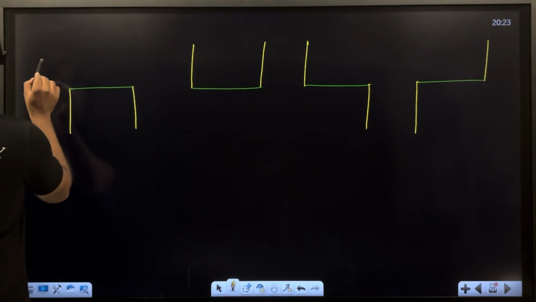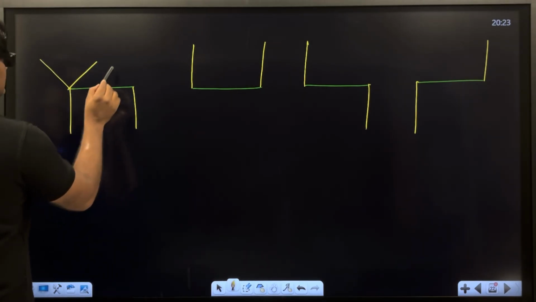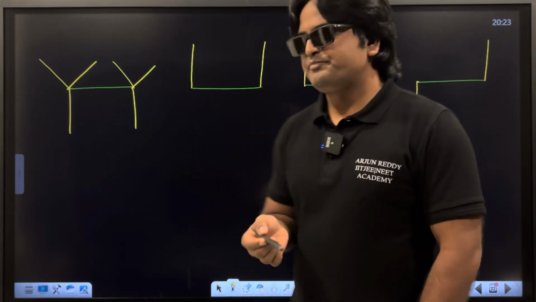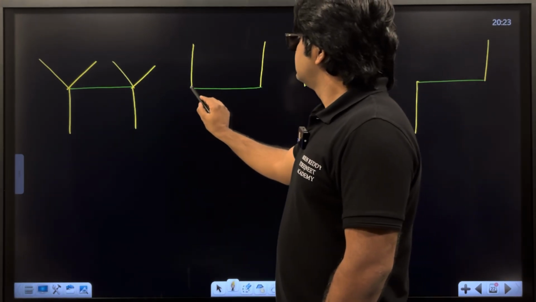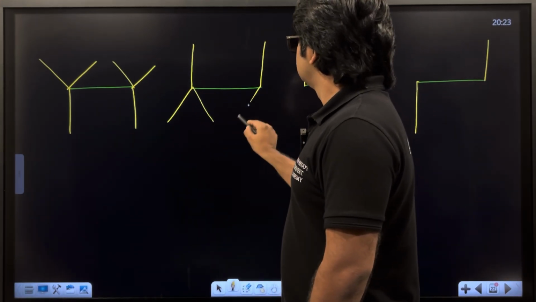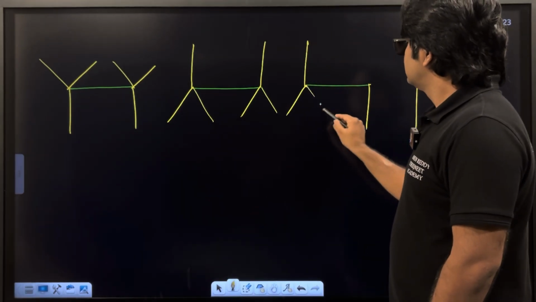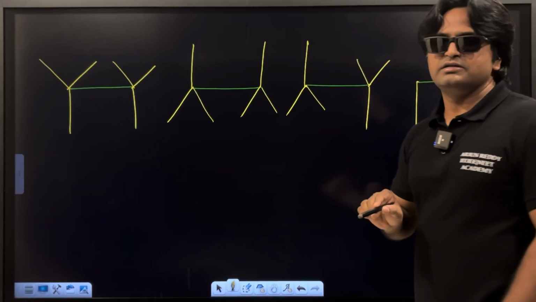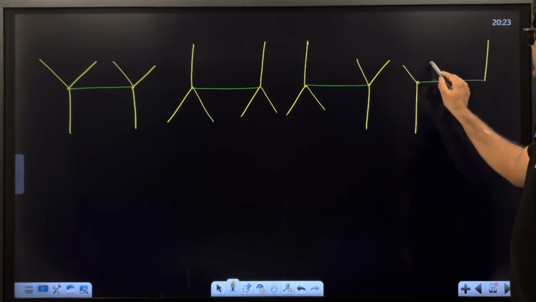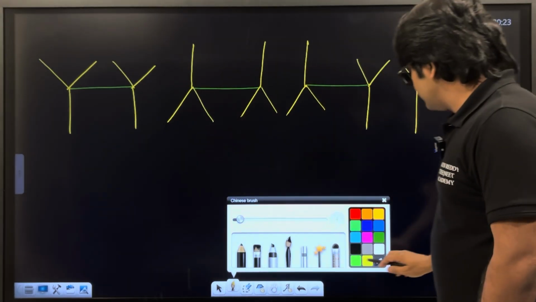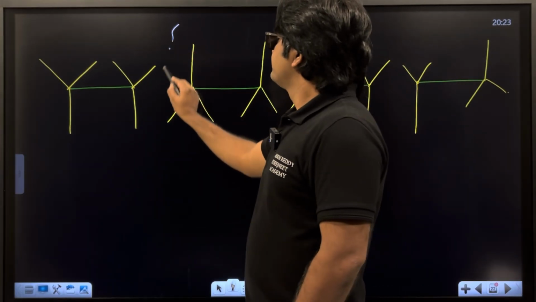Just write them in the form of Y. Again here also Y. Clear? Next one here, again Y form, like this. Next one here, like this and like this. Here also the same thing, like this. Okay, these are the different forms of Sawhorse.